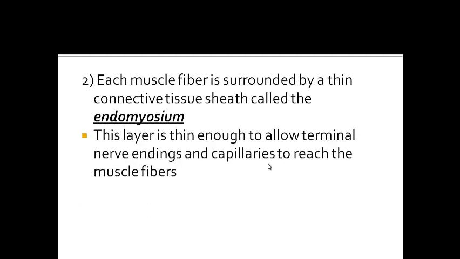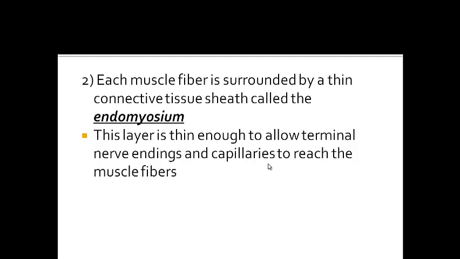This layer is thin enough to allow the terminal nerve endings and capillaries to reach the muscle fibers. If you remember when we talked about the blood vessels in the cardiovascular system, we spoke about how in order for blood vessels to reach the cellular parts of an organ, they need to divide into smaller blood vessels.